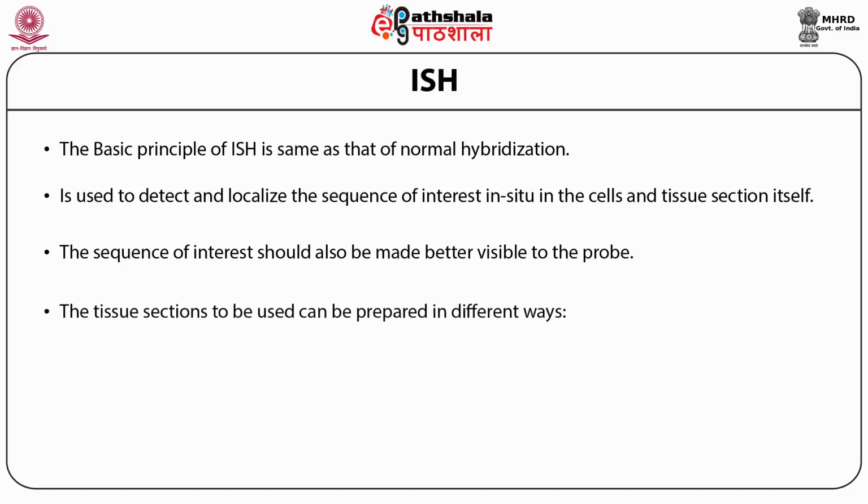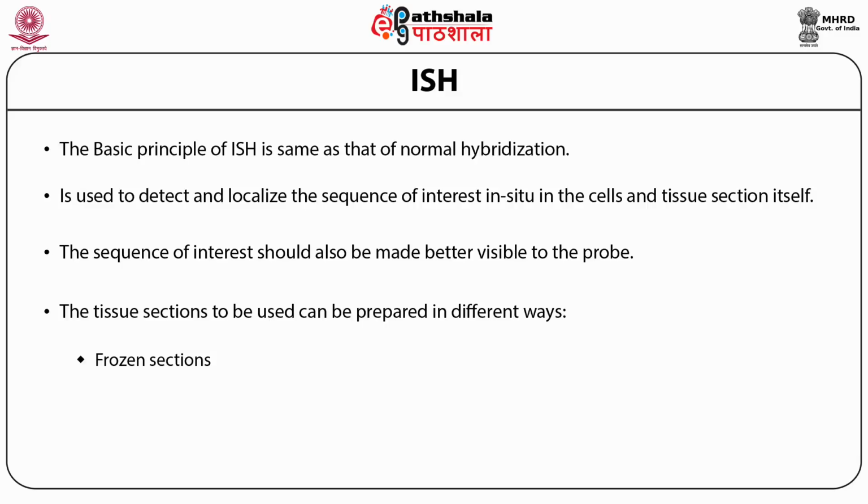The tissue sections to be used can be prepared in different ways. First, in frozen sections. Fresh tissues can be snap frozen by applying -80 degrees temperature. These frozen sections can be embedded in special support medium prior to cryosectioning. The sections are then fixed in 4% paraformaldehyde and used for hybridization.